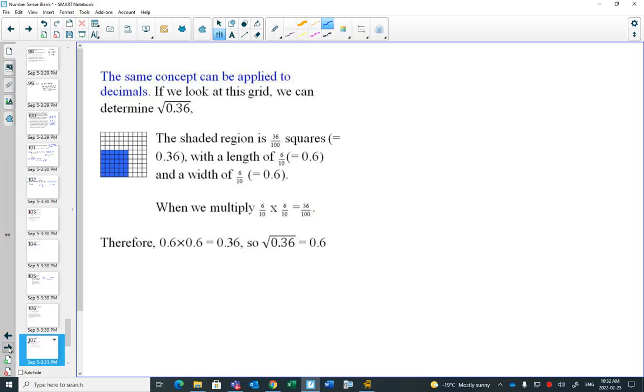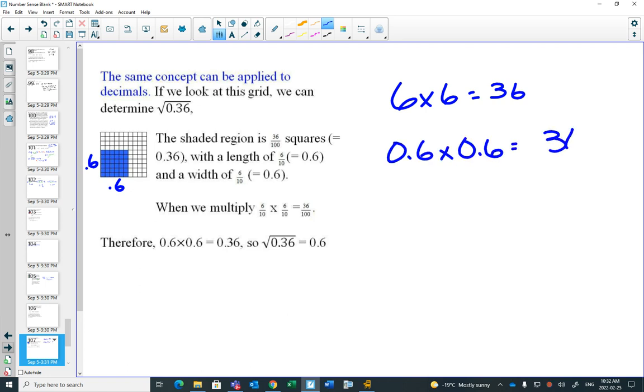Then this side is 0.6 and this side is 0.6. So with decimal multiplication, I love all of these things in mathematics. If you know that 6 times 6 is 36, you know that 0.6 times 0.6 will also be 36, but there's 1 decimal place here and 1 decimal place here, so your answer needs 2 decimal places.